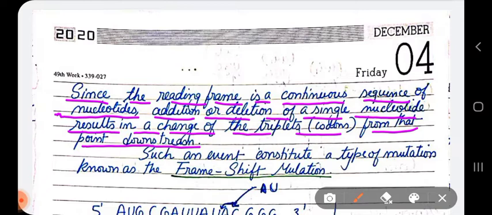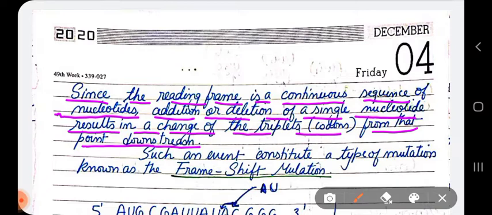Now suppose in this open reading frame, which consists of these codons, one of the nucleotides gets added or deleted. It will change the codon sequence from that point downstream. From that point, the whole set of codons will change and code for different amino acids. Such an event is a type of mutation.